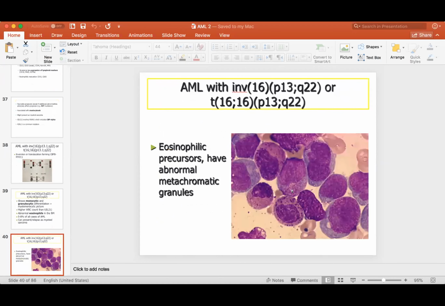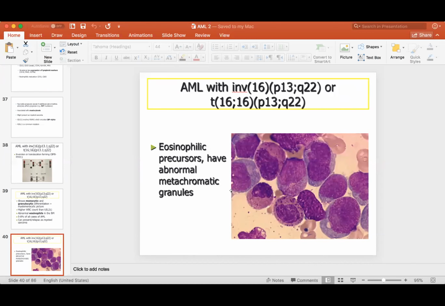This is what I mean by eosinophilic precursors that are actually abnormal in inversion 16 or translocation 16;16. They have a lot of purple or violet colored granules in their cytoplasm that might also obscure the nucleus.